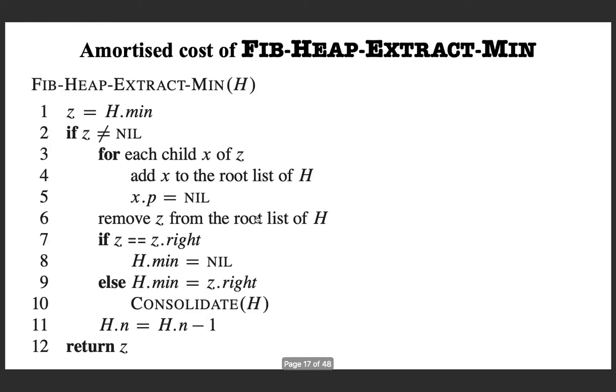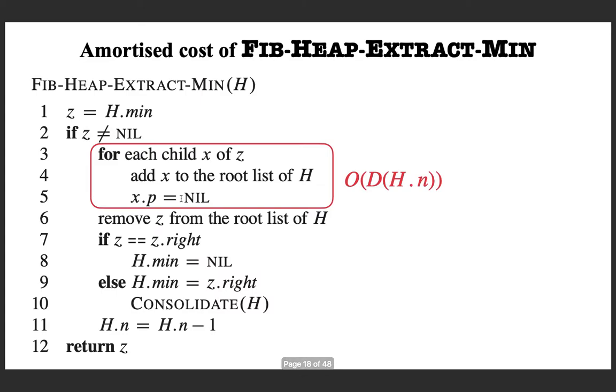So look at the first 12, and we can see that this is a loop. It goes over each child node of a node, right? So the complexity in the worst case is the maximum number of children, which is nothing but the maximum degree, okay, O of D(n). This is the notation for maximum degree.